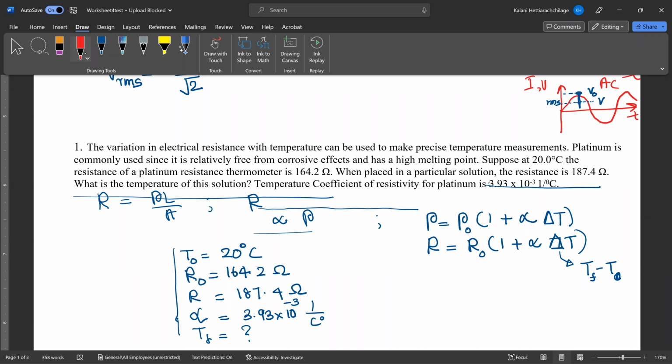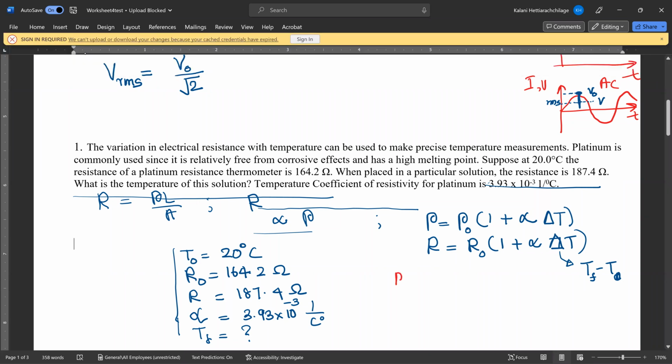Before plugging in, let's see if I can simplify this to find T final. It's totally up to you how you do it. I'm going to multiply R naught times this and this times this, so R equals R naught plus R naught alpha times (T final minus T naught). But I need to find T final, so I'm going to subtract R naught from both sides and divide by R naught alpha.